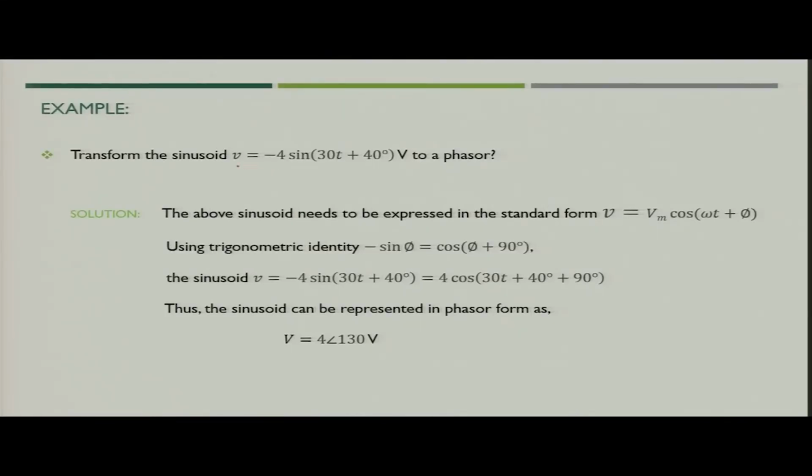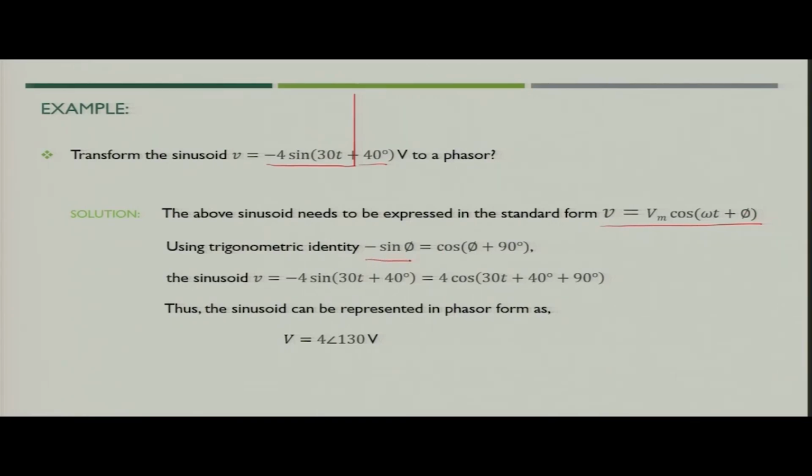Now, if you are asked to find the phasor value of minus 4 sin(30t plus 40 degree), first you have to convert it into a standard cosine term, that is Vm cos(omega t plus phi).